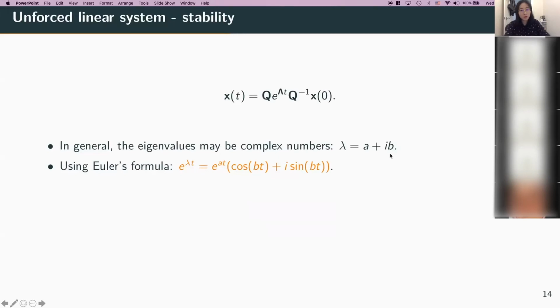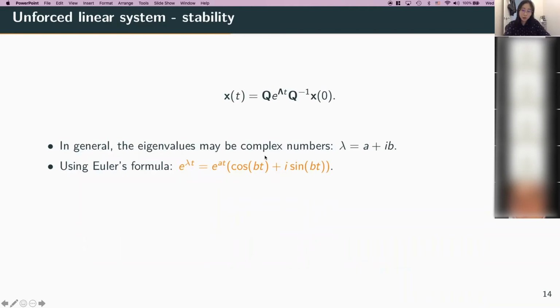Using Euler's formula for a single eigenvalue, we can write its exponential, e to the lambda t, as e to the at multiplied by cosine of bt plus i times sine of bt.